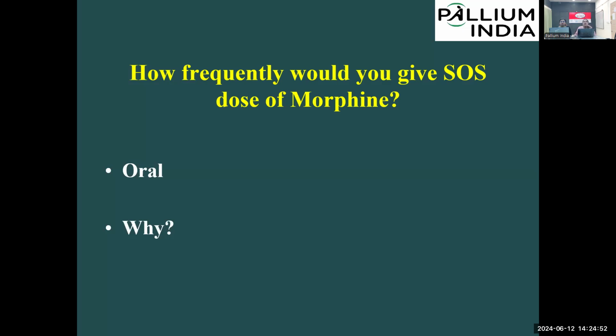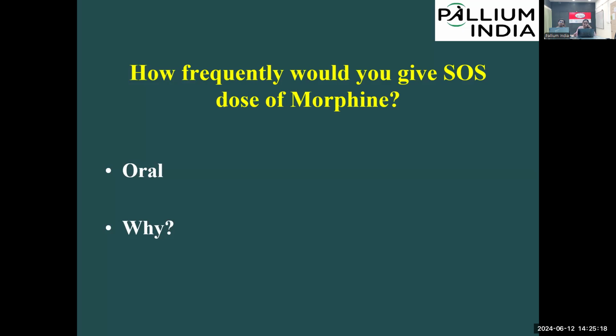Suppose a patient is on 5 milligram of oral morphine every 4 hourly. You give the patient a dose at 6 a.m. At 7 a.m. the patient reports that the pain relief is not adequate. If the patient reports at 6:30 a.m., we'll wait for another half an hour, and if the pain relief is still inadequate at 7 a.m., we can give one SOS dose of morphine and wait for another 1 hour for the morphine to produce its peak analgesic effect.